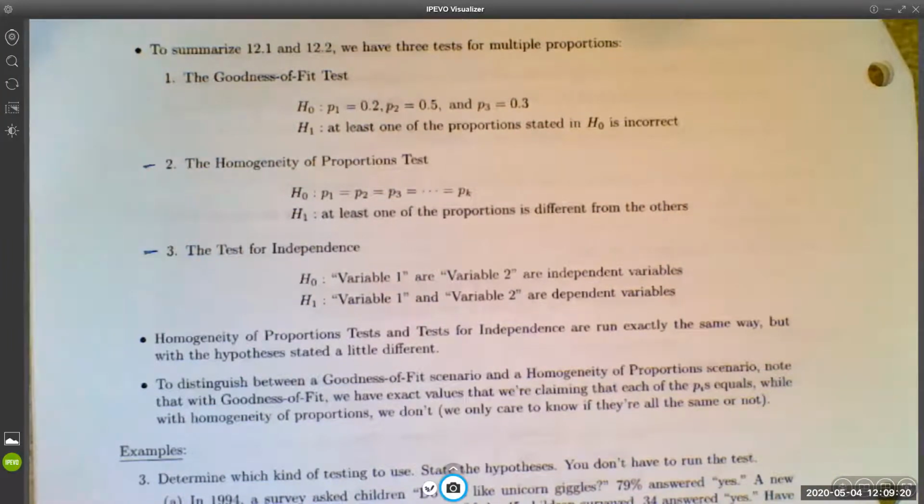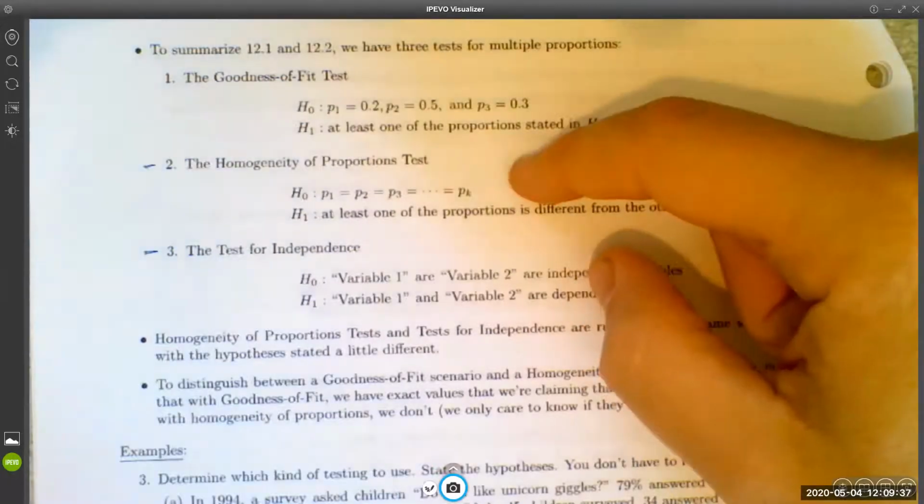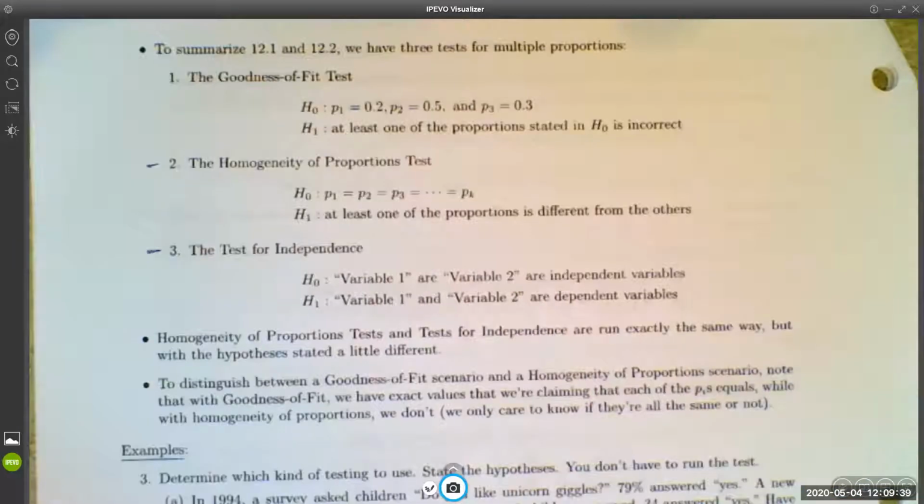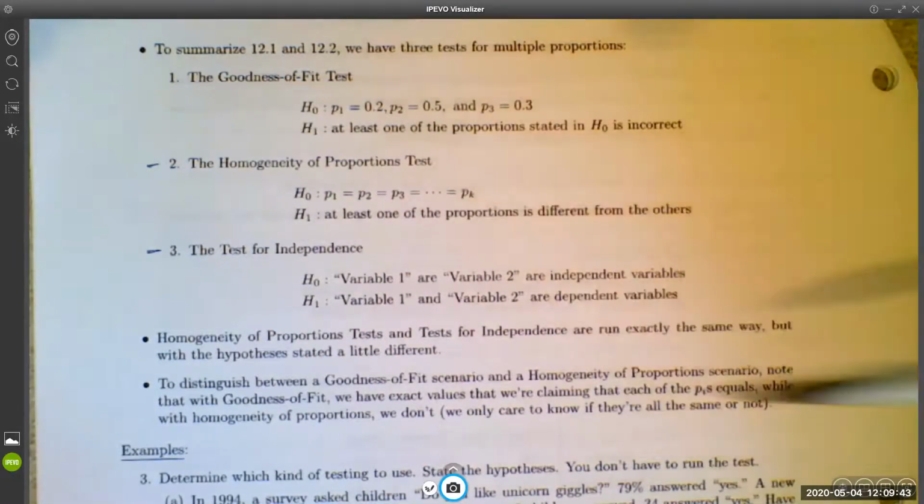The goodness of fit test, which we did in 12.1, and the homogeneity of proportions / test for independence that we did in 12.2, okay? But the reason I'm listing them as 3 different tests is because you state your null and alternative hypotheses differently if you're running homogeneity of proportions versus a test for independence, okay? But you go to the same place in StatCrunch to run these 2 things.